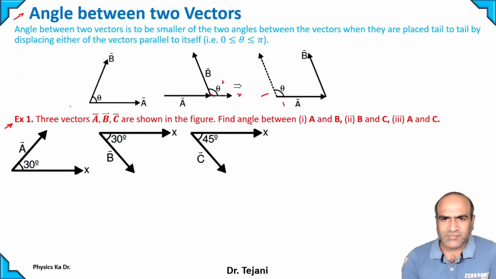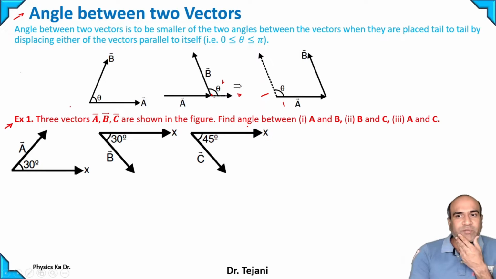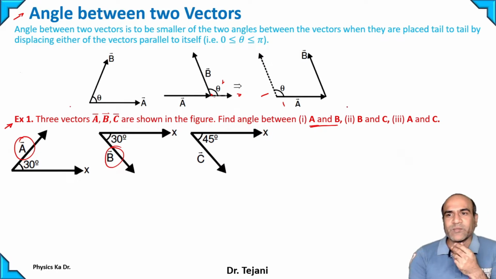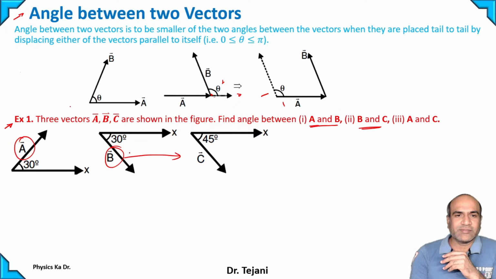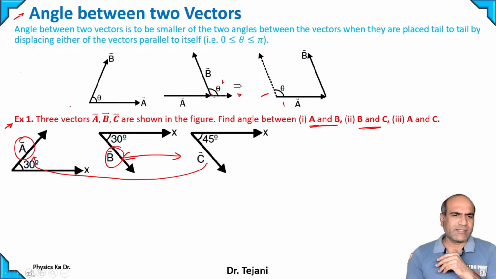Find the angle between A and B. So we need to find the angle between vector A and vector B, then B and C, and C and A. These three are required.